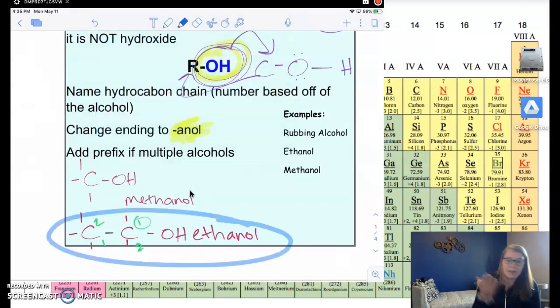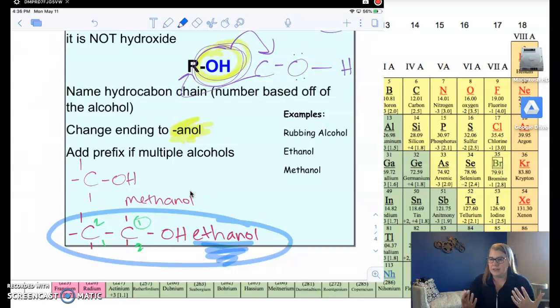So a 2-carbon chain with an alcohol on it is ethanol, and ethanol is actually what makes alcoholic beverages alcoholic. So if you see something that's like 40% alcohol by volume, like a bottle of vodka or something like that, that is talking about 40% ethanol.